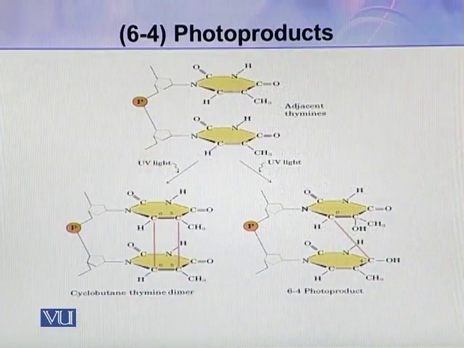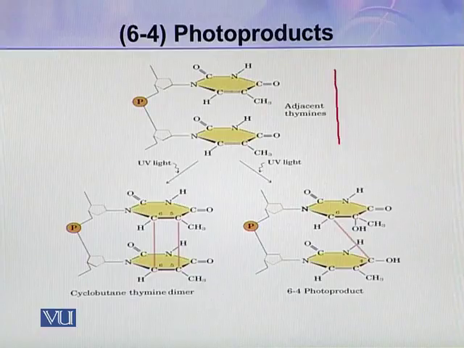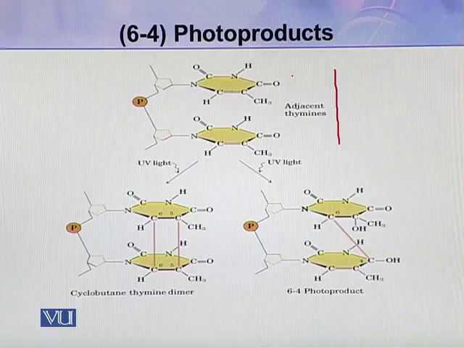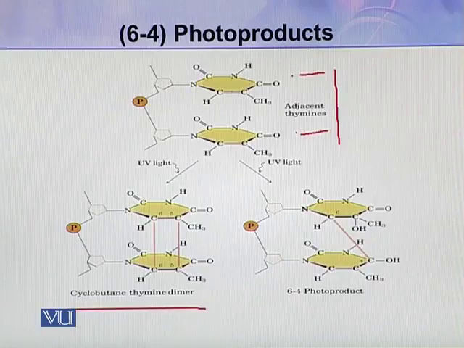So here you can see this is normal DNA and two thymines are present adjacent to each other. So UV can damage this DNA in two ways. One is the cyclobutane thymine dimer formation, and secondly through 6,4 photoproduct formation.